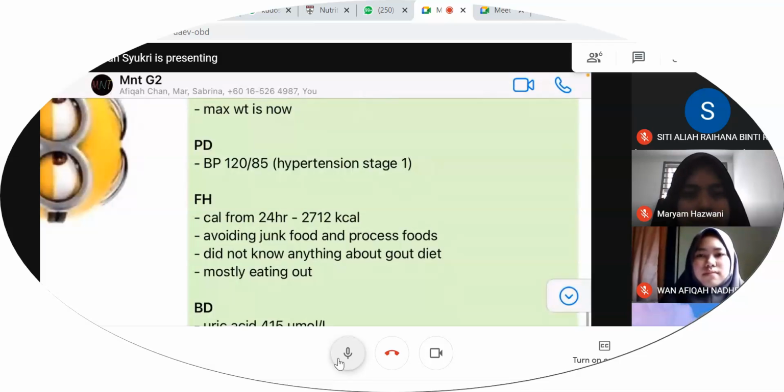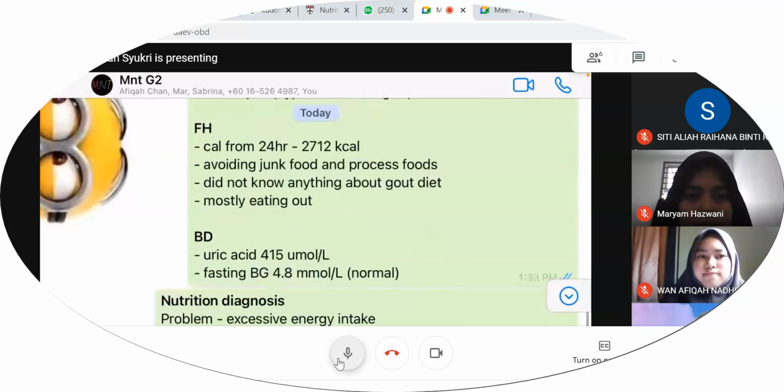For his food history, the calorie from the 24-hour dietary recall that is given, he ate 2,712 kilocalorie, but he also avoids junk food and processed foods, but he did not know anything about gout diet. And because he is not married, he mostly eats out.